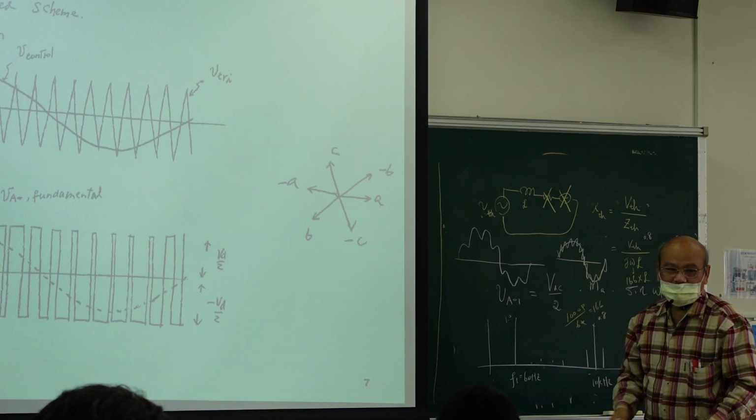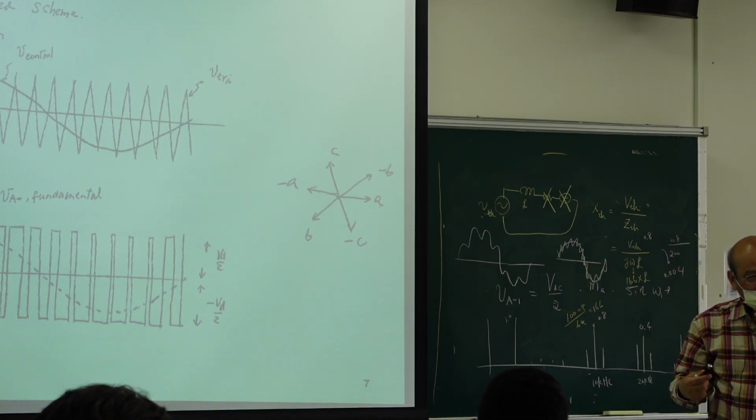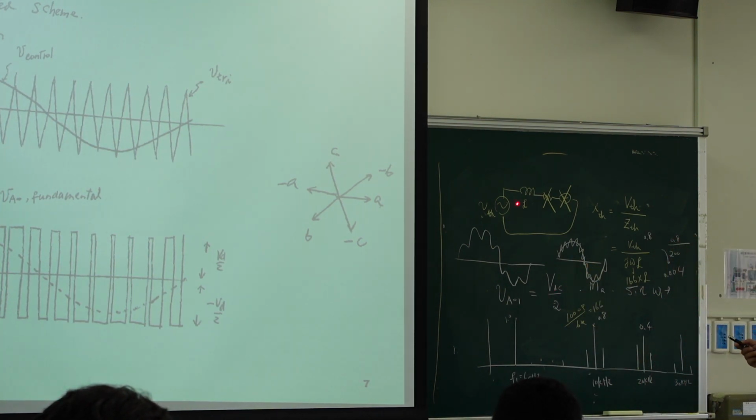This one. So you can see the advantage. You push the switching frequency higher, then your current harmonics become smaller. If your current harmonics become smaller, your waveform is closer to the fundamental, and your loss becomes smaller. Then it is a good thing.